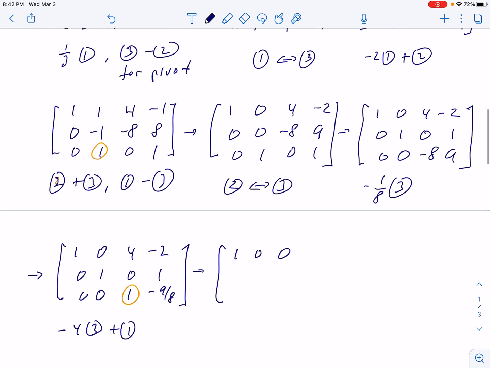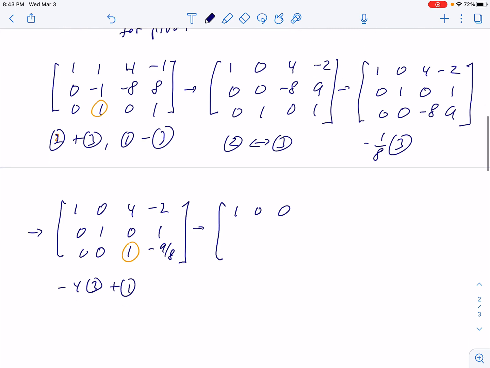What comes in the place of the last element? I'm multiplying negative 4 by 9 eighths. This will become 9 halves in this position. And I have to add it to the first. It will be negative 2, negative 9 halves.